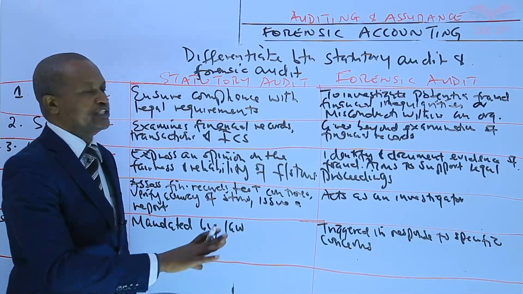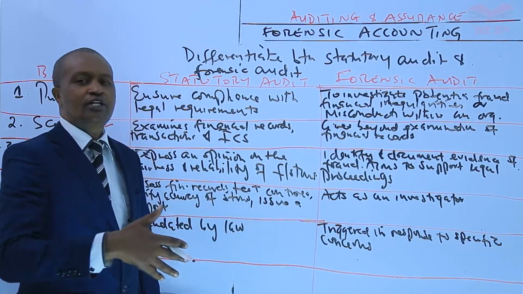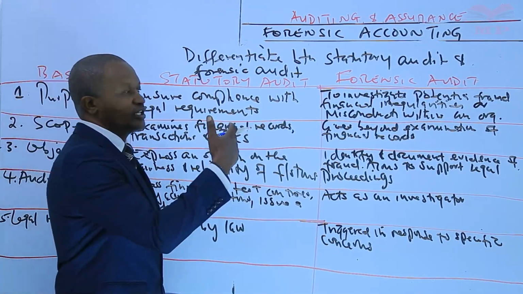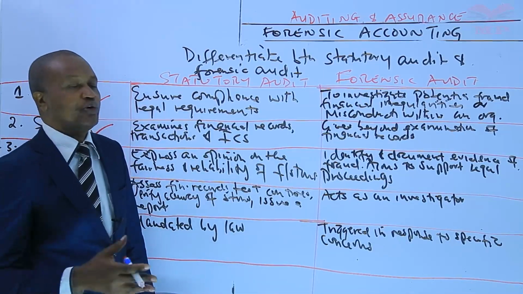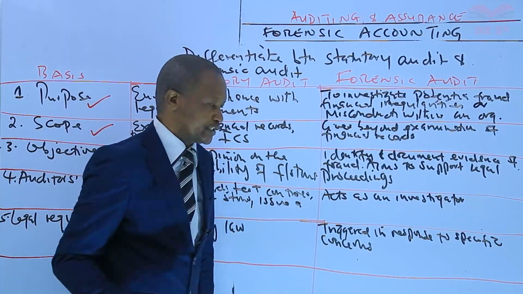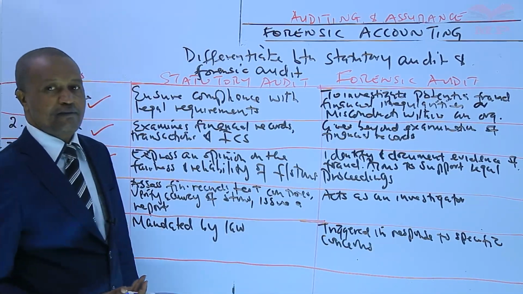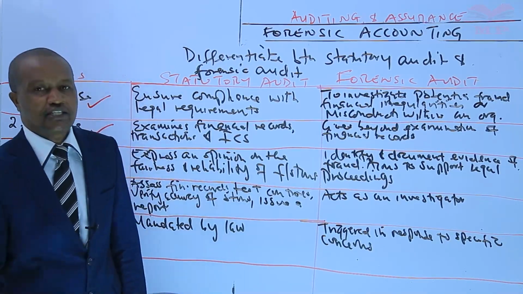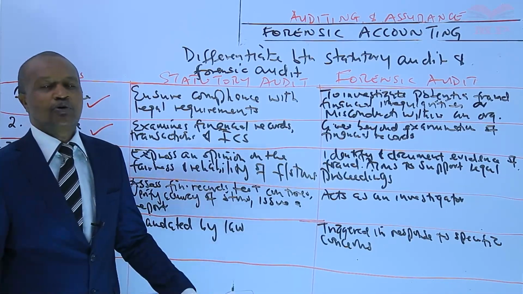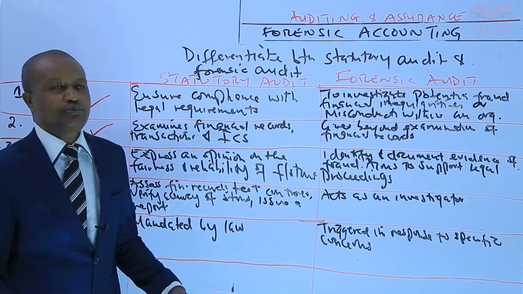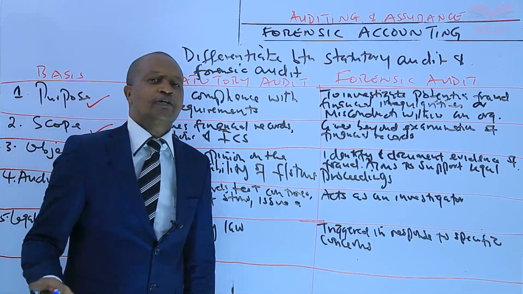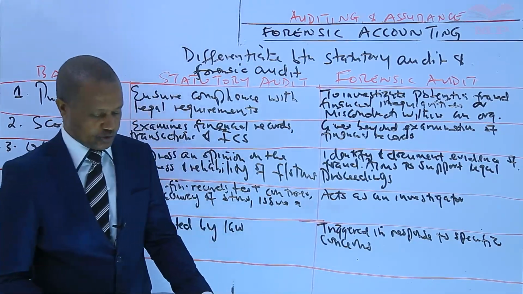Another point to note is that statutory audits are regular, routine audits required by law, while forensic audits are typically conducted in response to specific incidents or concerns. It could be suspicion of fraud, misconduct, or financial impropriety, allegations of fraud, specific concerns, and so on.